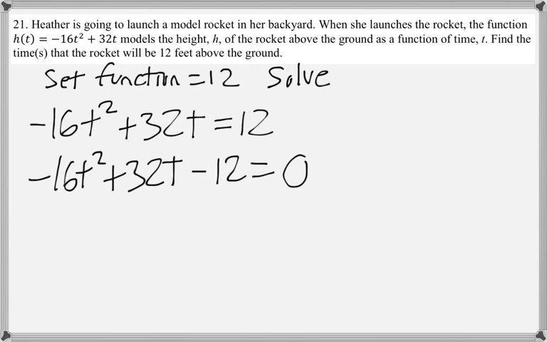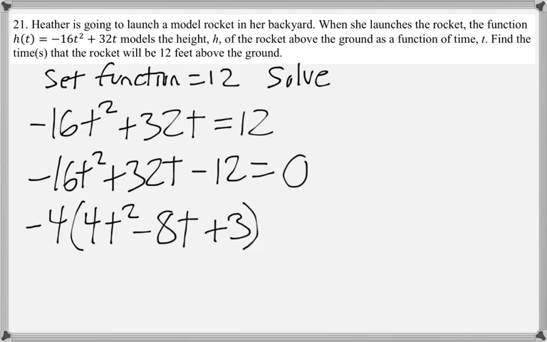And I want to factor out a GCF if I can. And I can factor out a negative 4. So that will leave me with positive 4t squared minus 8t plus 3 is equal to 0. So this trinomial I want to factor by the AC method.